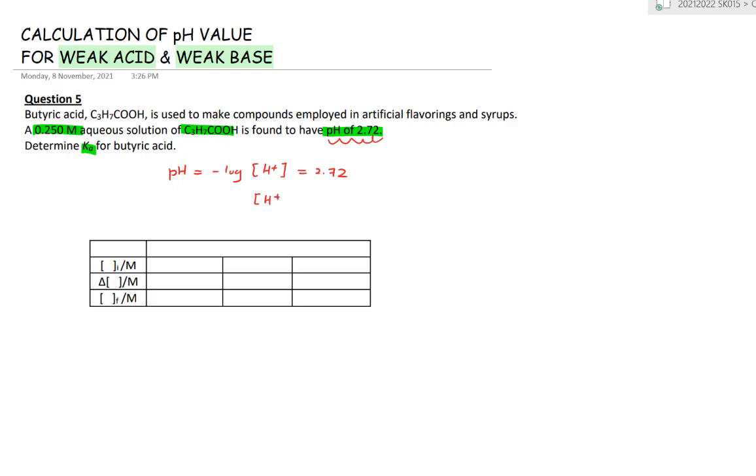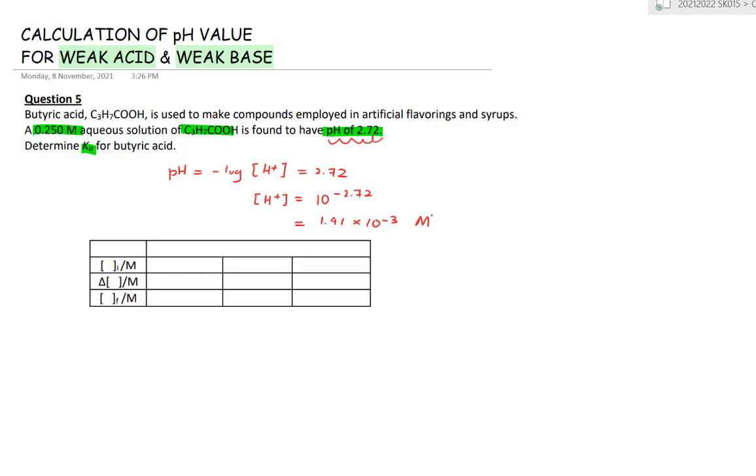Therefore, the concentration of H+ equals shift log negative 2.72, and the value equals 1.91 times 10 to the power of negative 3 molar.